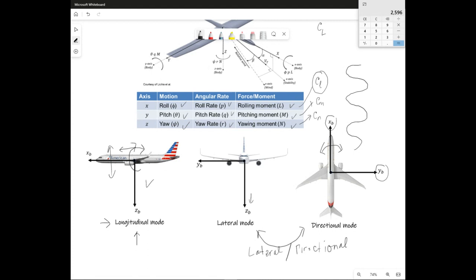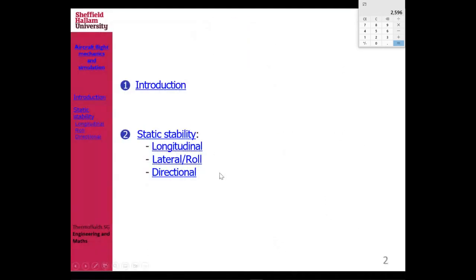Okay, so longitudinal stability mode and lateral-directional stability mode. We will try to look at those together later on. So longitudinal first, and then lateral and directional.